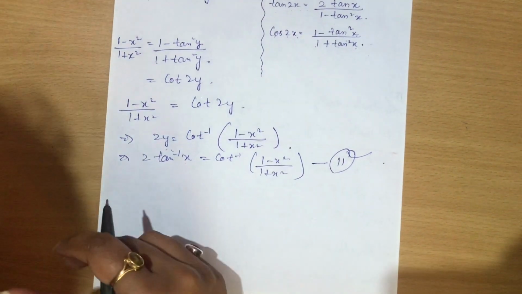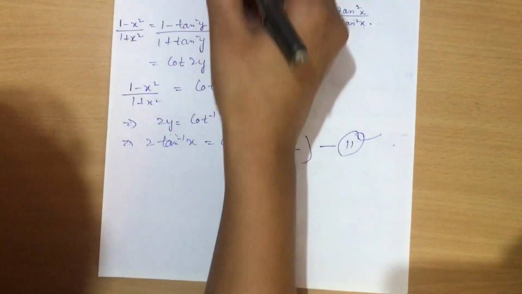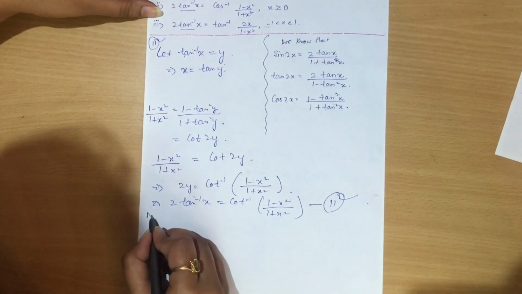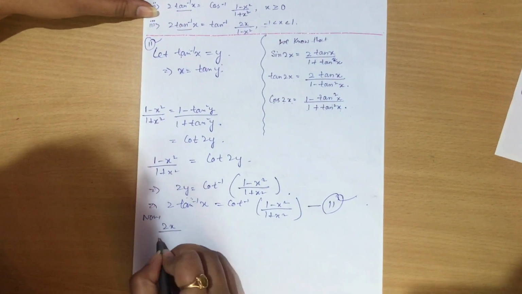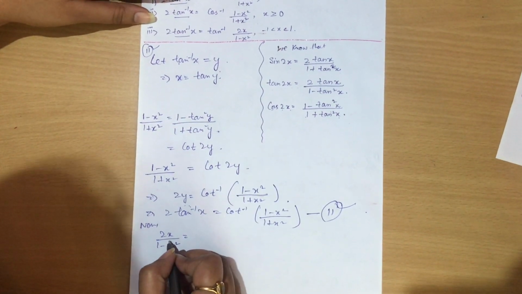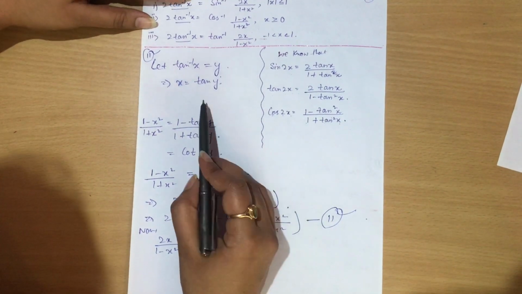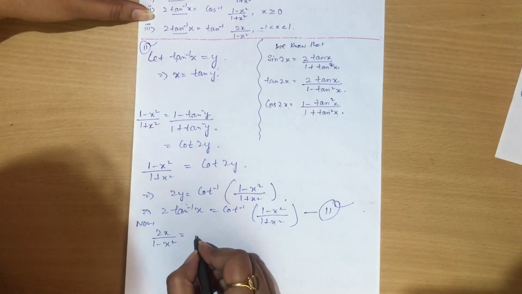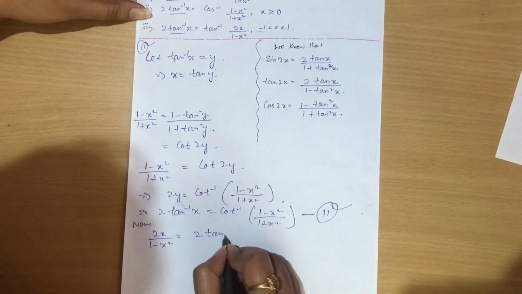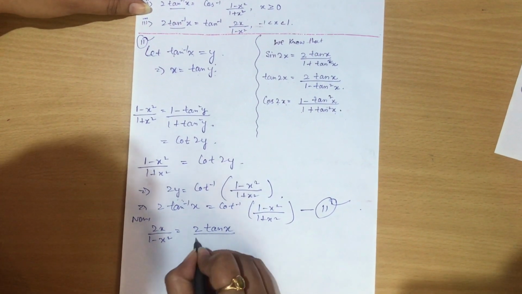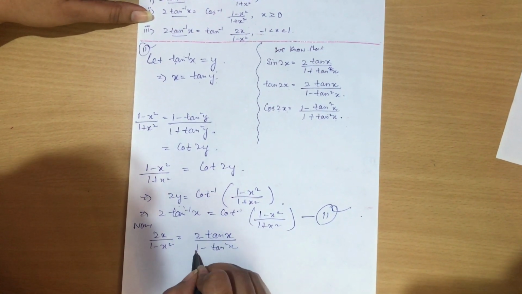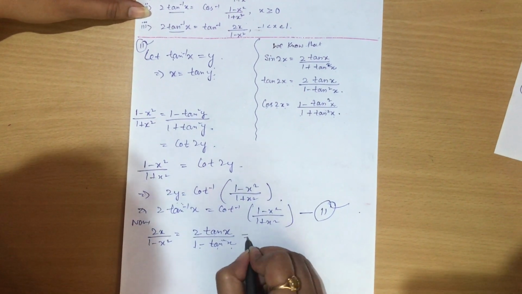And you can also prove property number third again by using this. So you just have to take the value on the right hand side. The value of the right hand side is what? 2x upon 1 minus x square, right? So again, by substituting the value of x, and what is the value of x? The value of x is tan of y, okay? By substituting tan of y, your expression will become 2 tan of y upon 1 minus tan square of y, and 2 tan of y upon 1 minus tan square of y is equal to what?